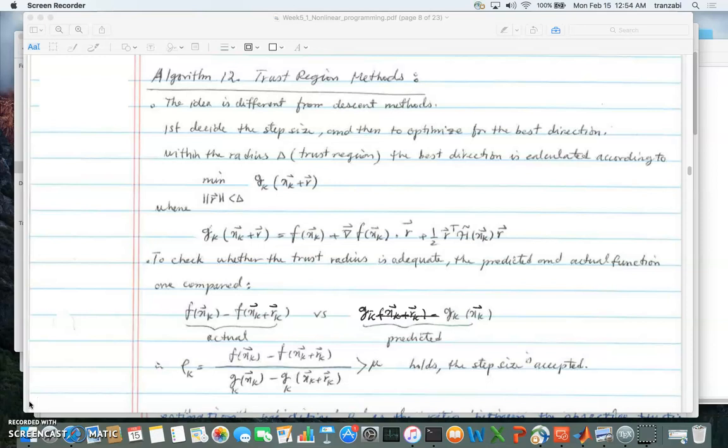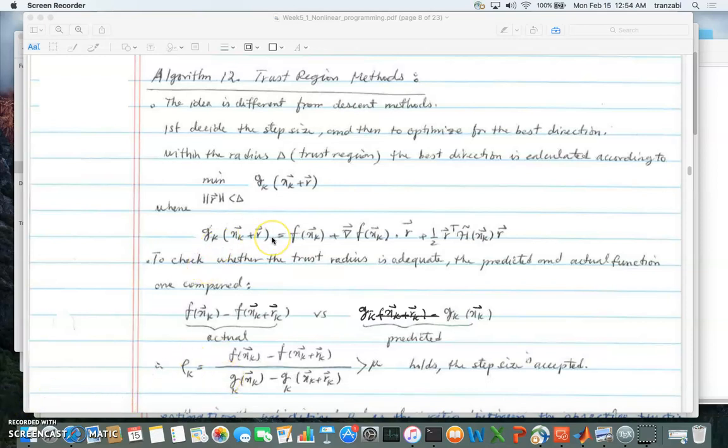In trust region, however, we want to improve that path and basically not follow a zigzag path. On top of that, instead of fixing the direction and searching for the step size, we're going to fix the step size and change the direction. So it's basically sort of the opposite of the steepest descent method.